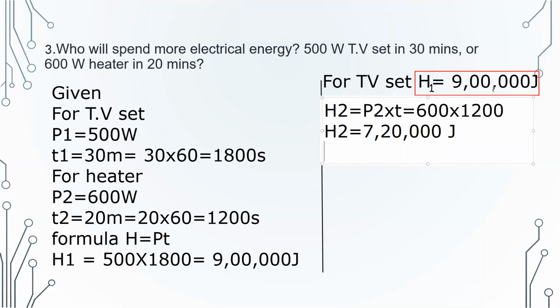Now compare H1 and H2. H1 is 9 lakhs joule and H2 is 7,20,000 joules. Which is greater? H1 is greater than H2. So we can write, thus the TV set will spend more electrical energy.